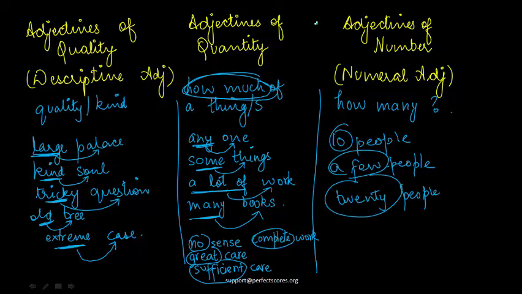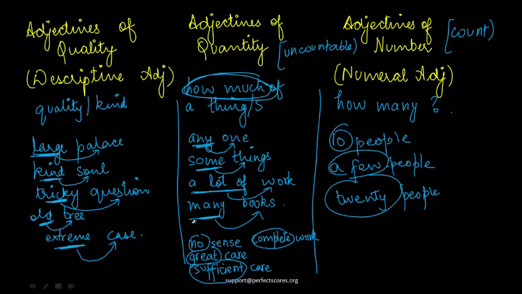So as you can see, the only difference between adjectives of quantity and adjectives of number is that number will be used whenever you have countable things. When you can count them and you can give them a number. Adjectives of quantity are used when you cannot count them. So uncountable things, for example, rice or work or sense or care.